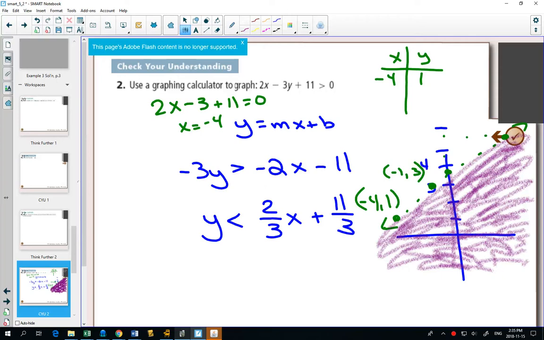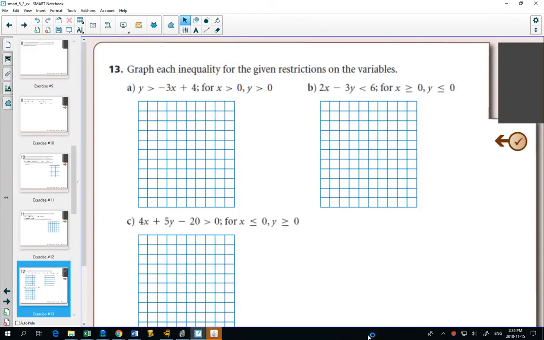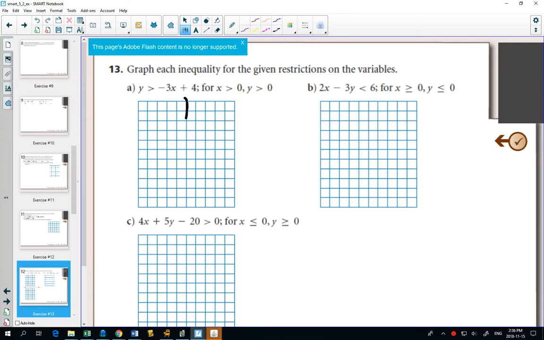Okay, your questions for practice on this one are 6, 8, and 13. And in fact, the next question we're going to do is 13a together. So in 13, it says graph each inequality for the given restrictions on one variable.